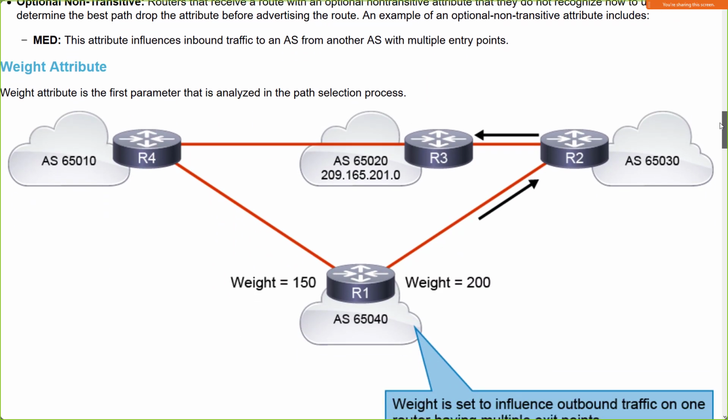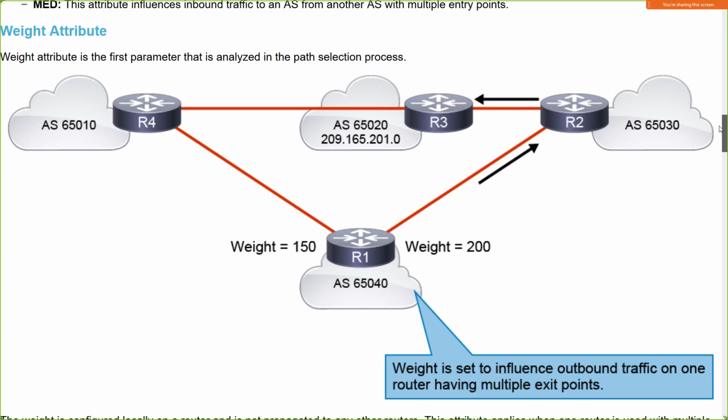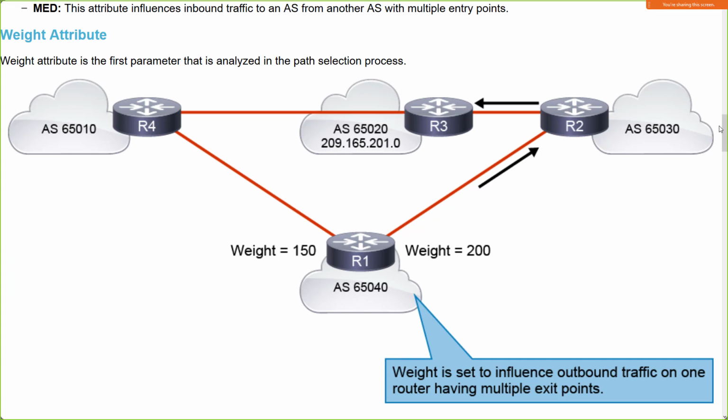And then we get our pretty little diagram. So we'll go through this again because it doesn't hurt to see it more than once. Weight, local to the router, router 1. We've learned about the 209.165.201.0 prefix from AS 65010 and from AS 65030. As those prefixes were advertised in from the peer, I applied a weight to that prefix.